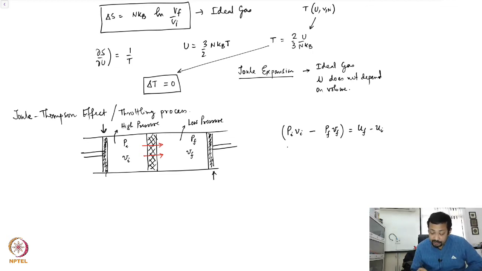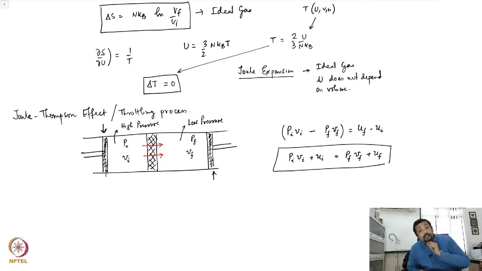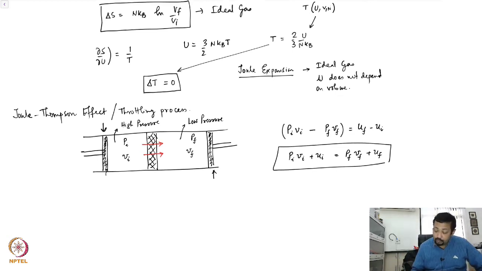I can rearrange this equation so that I can write Pi Vi plus Ui is equal to Pf Vf plus Uf, where the small u's are the molar internal energy, just as the small v's were the molar volume.